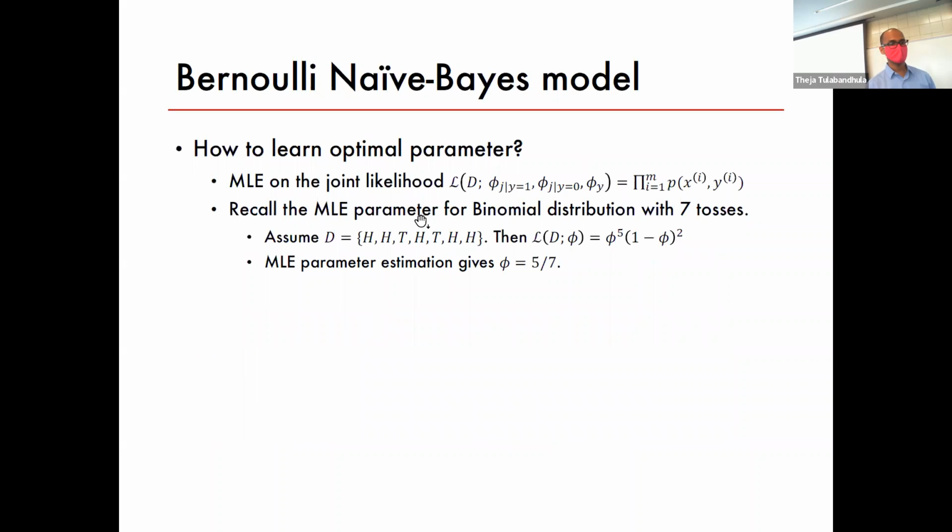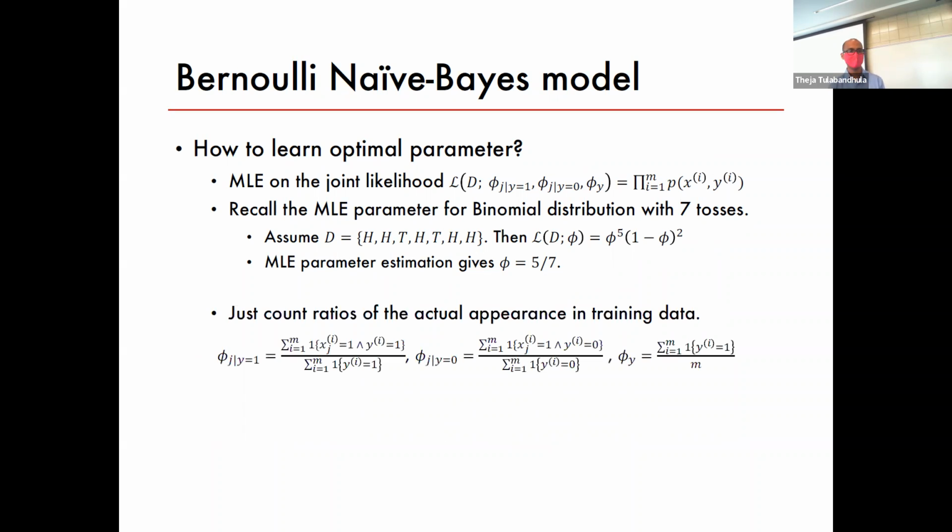For example, I think we saw this. The estimate is just 5 by 7, for example, for this Bernoulli. We can do this for the y parameter, the class proportion parameter, and then the parameters for each word itself under each class will again be a count. If you are in class 1, then how many examples were in class 1, and among them, how many times did that word appear, basically.